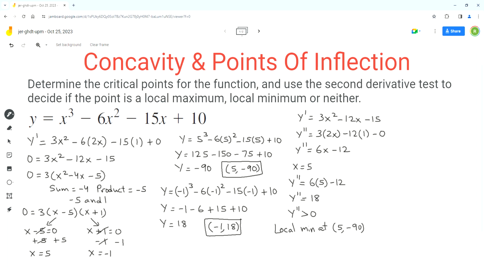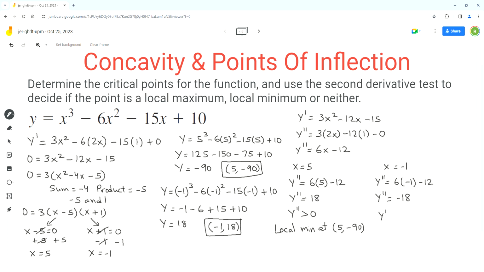Now we can do the analysis for the other critical point in which the x value is negative 1. So we'll sub in x as negative 1 in the y double prime equation. Now we can simplify this expression. 6 times negative 1 is negative 6 and negative 6 minus 12 is negative 18.